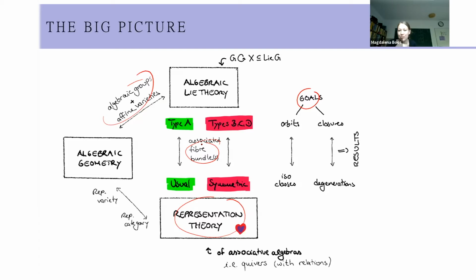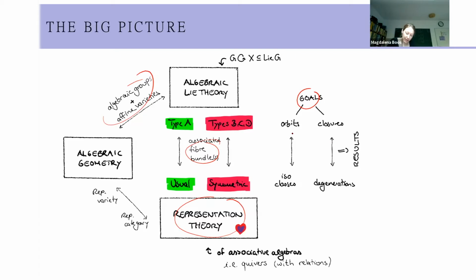Then I was asked all the time, and what about the other classical Lie types B, C, and D? I just didn't know, and I was kind of annoyed by these questions. But luckily, we found a connection too. This means that in the other Lie types, we go over to the symmetric representation theory. These translations are associated fiber bundles, which we will not see, but kind of see.